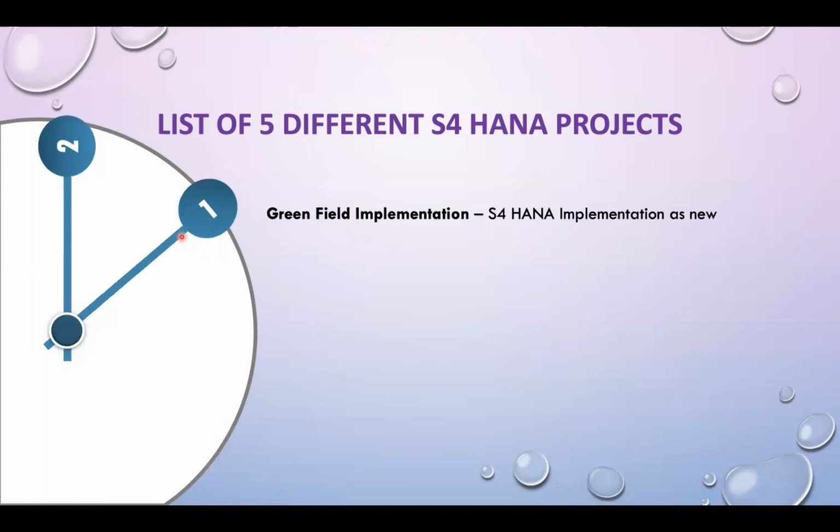Currently, they are not using any kind of ERP system, or they are just managing with MS Office or other basic things. They are planning to implement S4 HANA first. They're not using SAP ECC, and they want to go for a brand new S4 HANA implementation project. Then that implementation will be called a greenfield implementation.